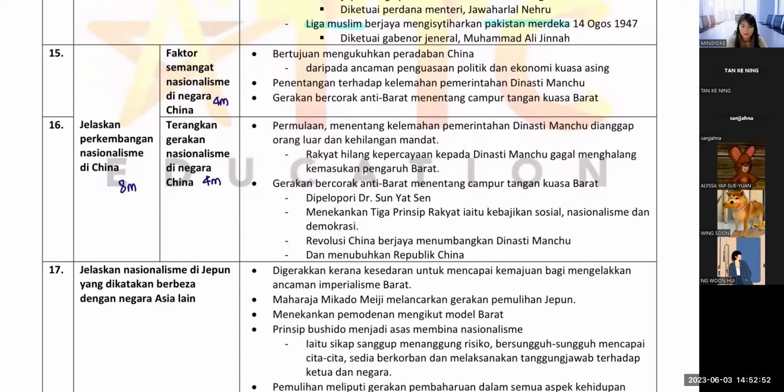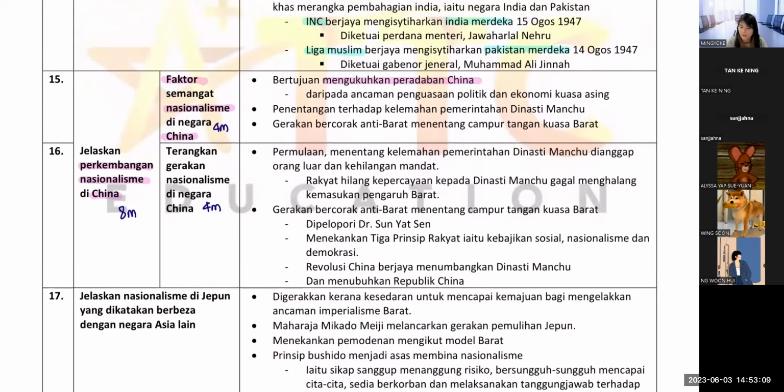You must go through, for example, perkembangan nasionalisme in China. Facto nationalism in China is different. It is because they want to strengthen their Chinese culture, which is being threatened by the political and economic power of Western countries.